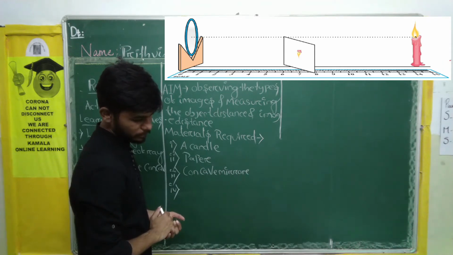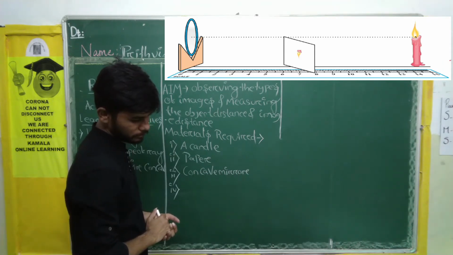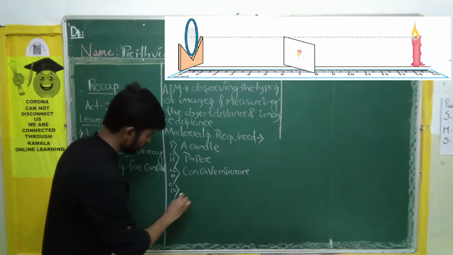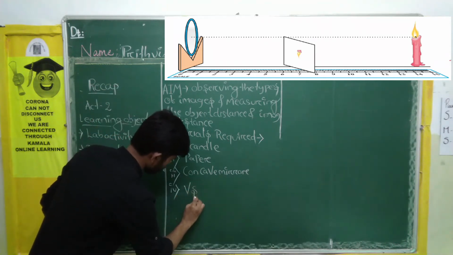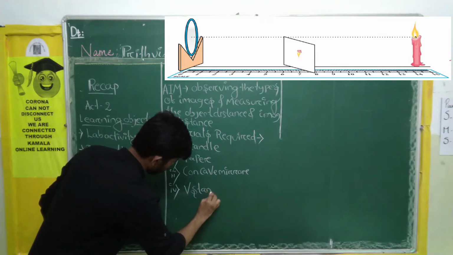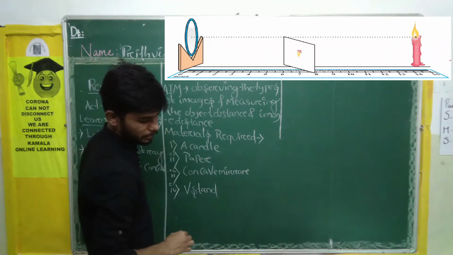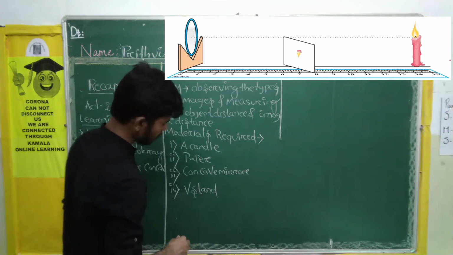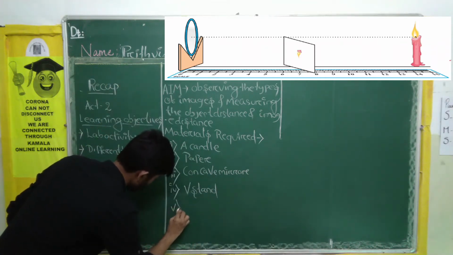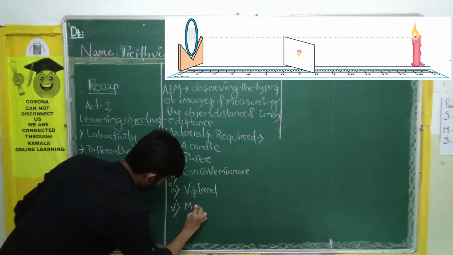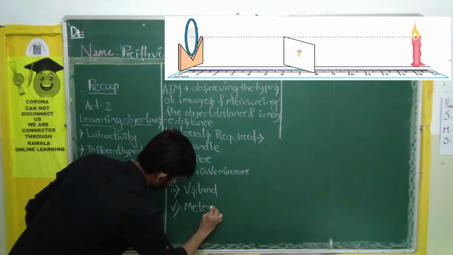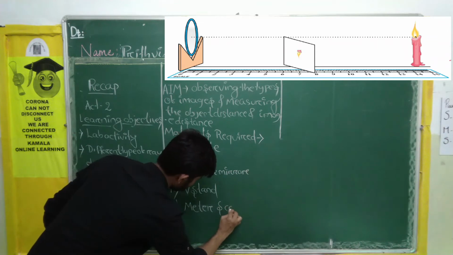On the fourth part, we need a V-stand. And on the fifth part we need a meter scale.